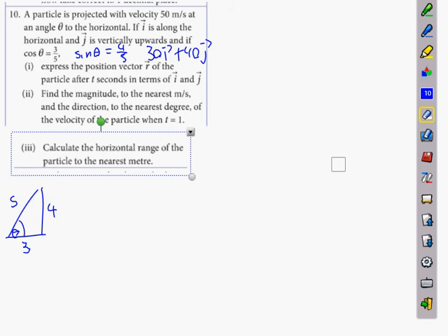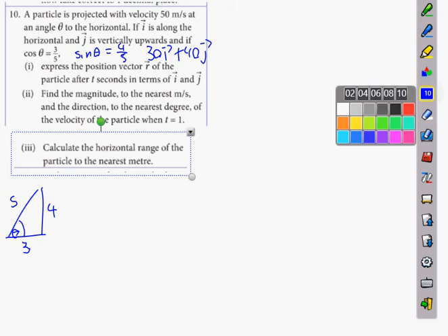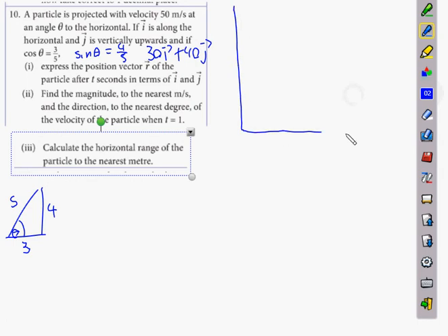Now, what I want specifically is the position vector. Let me tell you what position vector means. If I have a particle and it flies up in the air and back down again, at one point it's 40 meters in the air and it's travelled 70 meters relative to the ground.